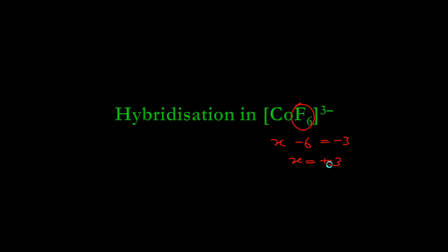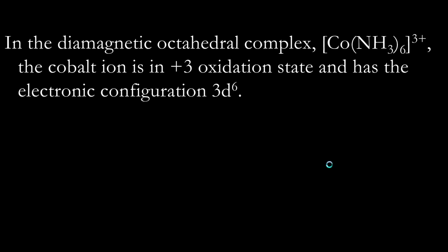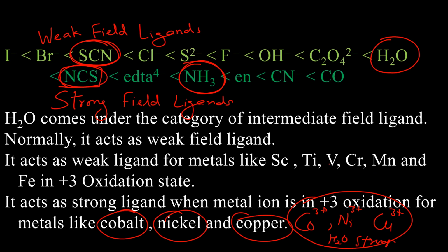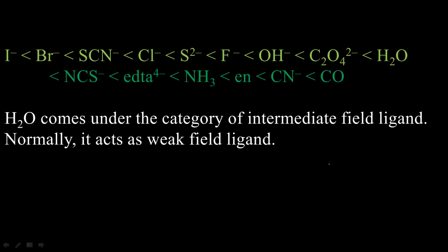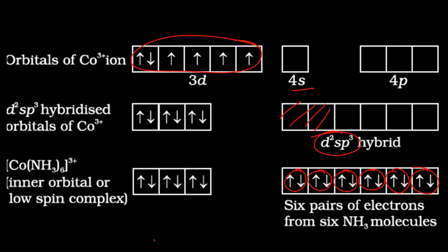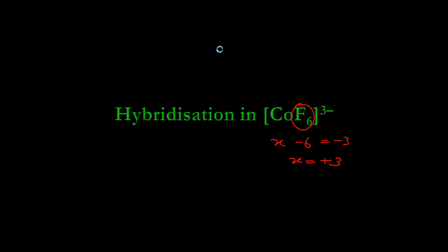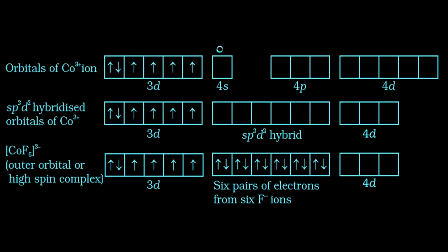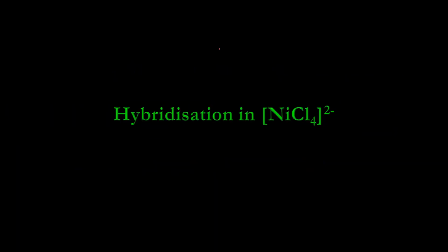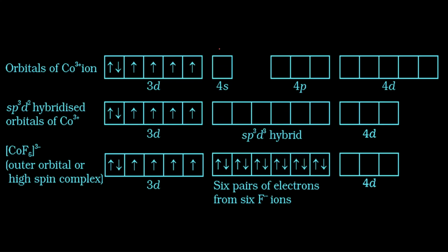And why is it different? The difference is here. Fluorine is a weak field ligand. Fluorine is a weak field ligand. So now if you write the same configuration, in this case, pairing will not take place.